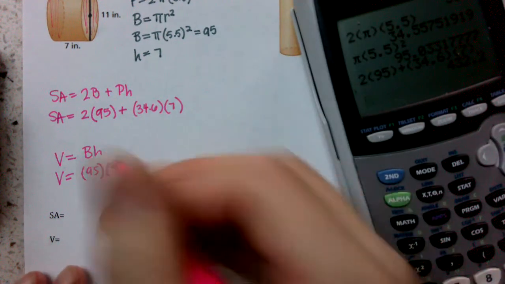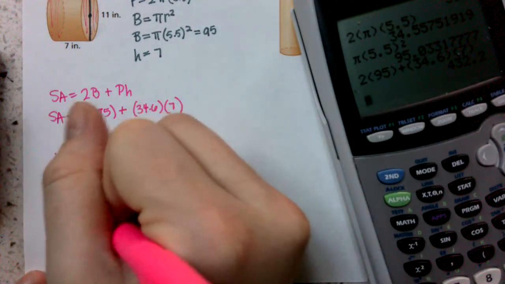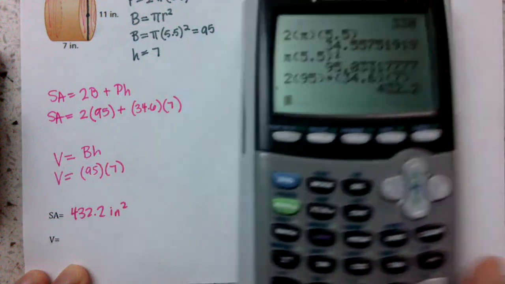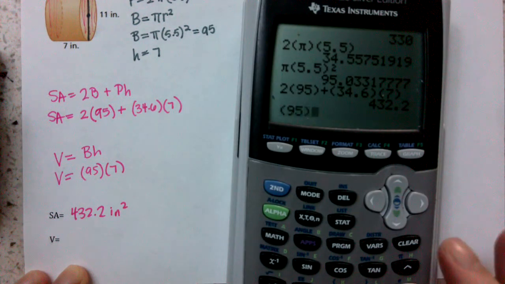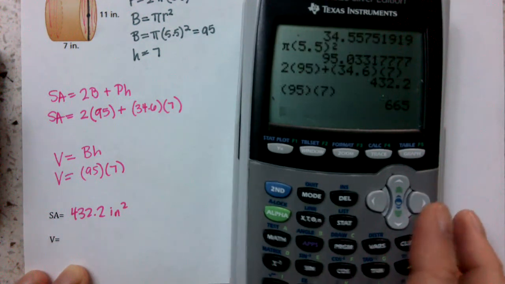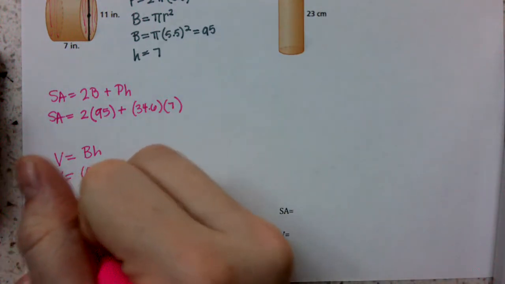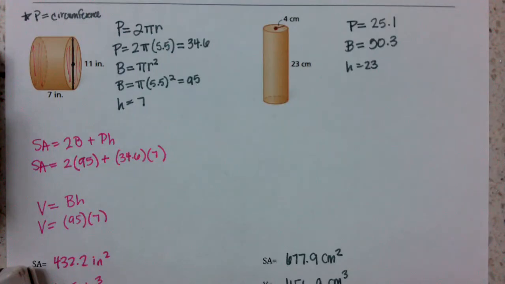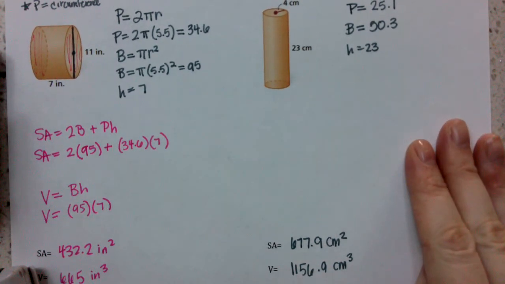We get 432.2. And for volume, we get 665. And I was running out of time, so I just put the answers for this second one so you can pause it and look at those as well.